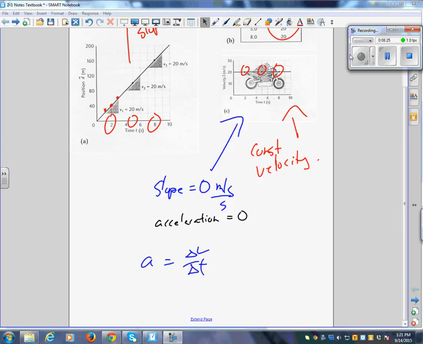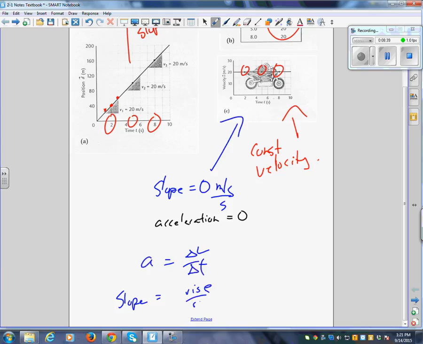Interestingly enough, and you may never have seen this before, I don't think I showed you this, maybe you figured it out on your own, but if you think about slope as being rise over run, what's the rise here? The y-axis is velocity, so what is the rise?